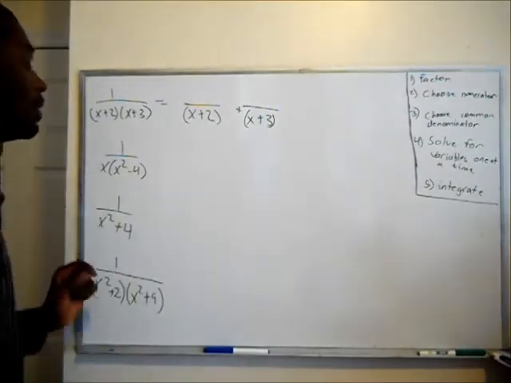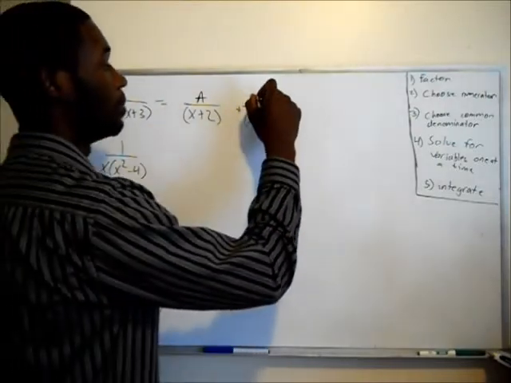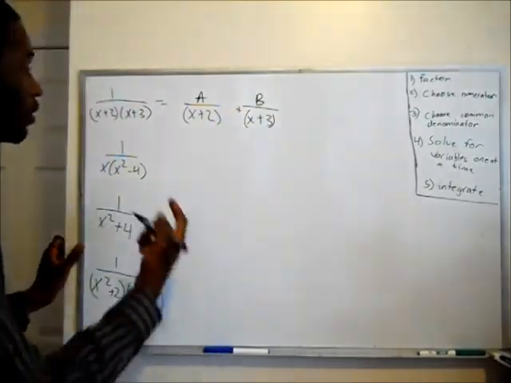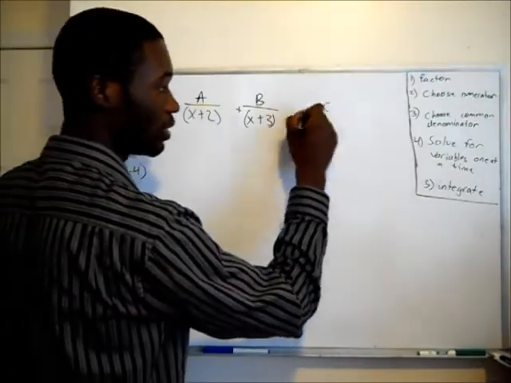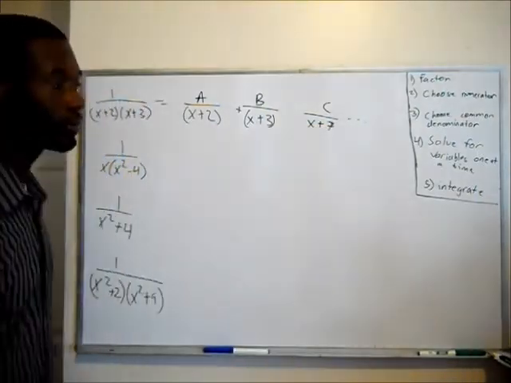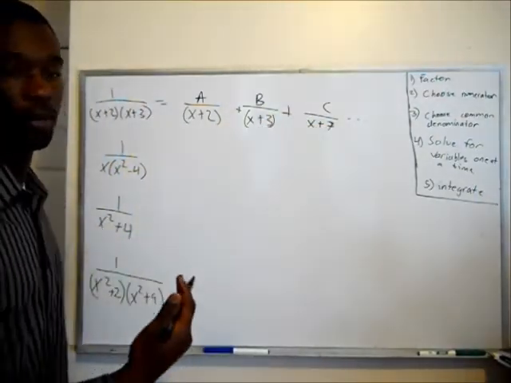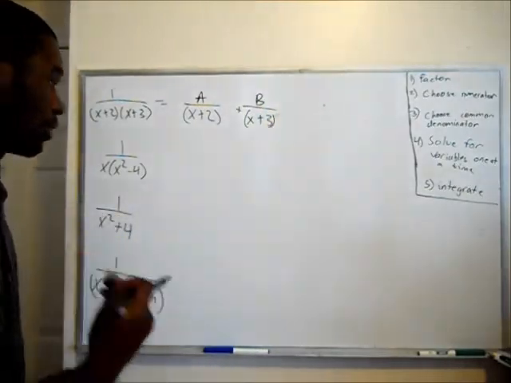You just keep following the alphabet. So here it's just going to become a. This one's going to become b. And if we had another factor, like say x plus 7, it would be c over x plus 7, and it would just keep going. You just follow the alphabet. This is the convention that's used for naming them. So that's where we stop for this one. If it's linear, you can just put a or b.